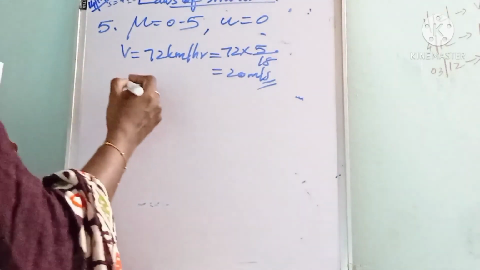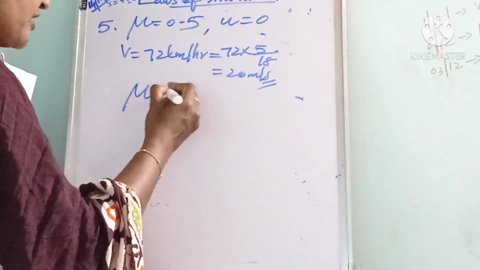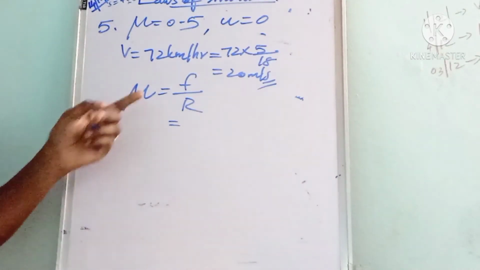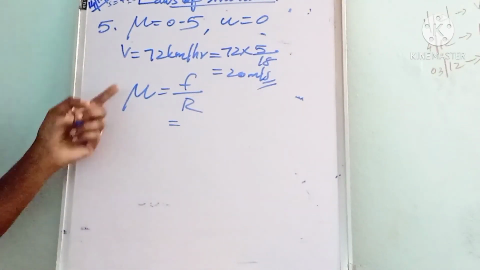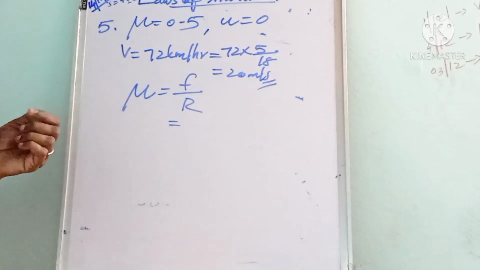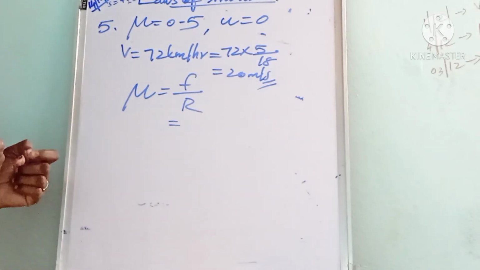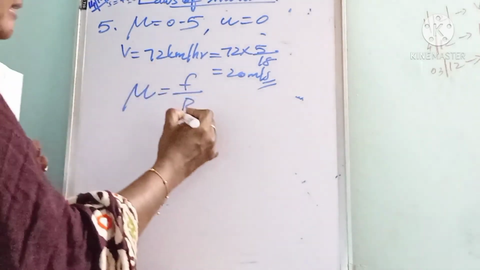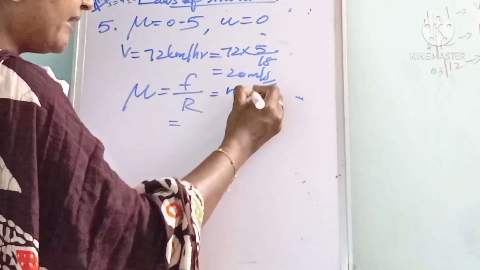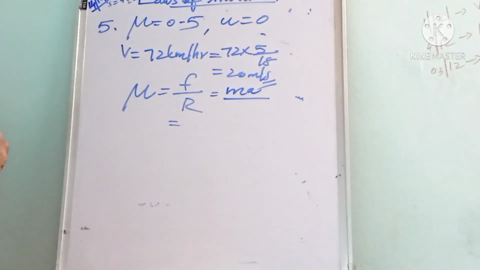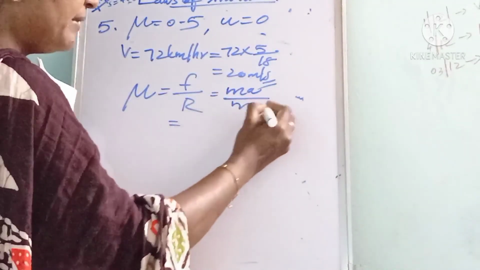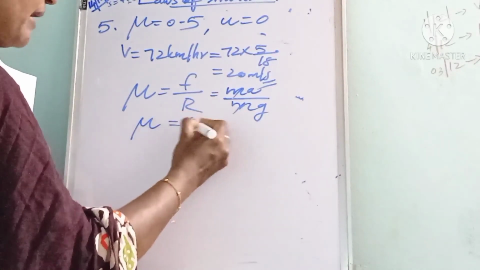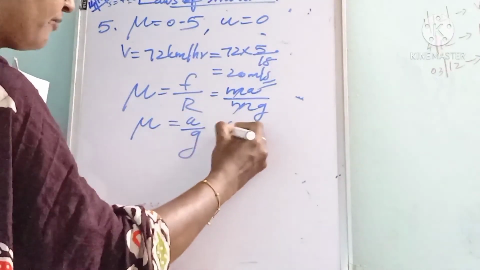For that, you know the relation: the coefficient of friction is equal to F divided by R. The coefficient of friction is the ratio of frictional force to normal reaction. The frictional force is m into a, and the normal reaction is equal to the weight, that is m into g. The m cancels and we get mu equal to a by g, and we have to find a.